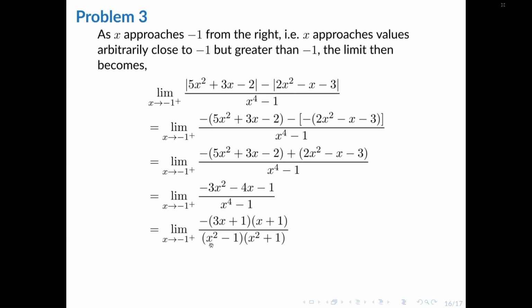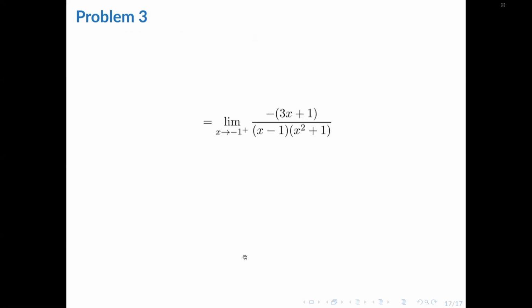So since there's still no common factor between the numerator and the denominator, you can still factor x squared minus 1 into x plus 1 and x minus 1. So you can now cancel x plus 1 from the numerator and the denominator.